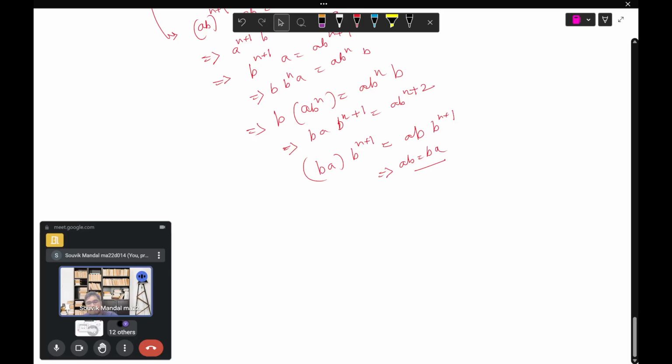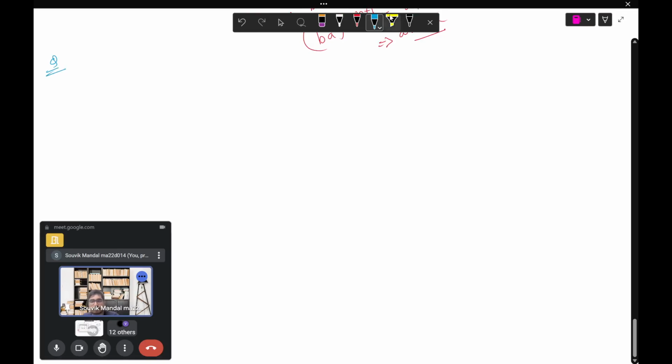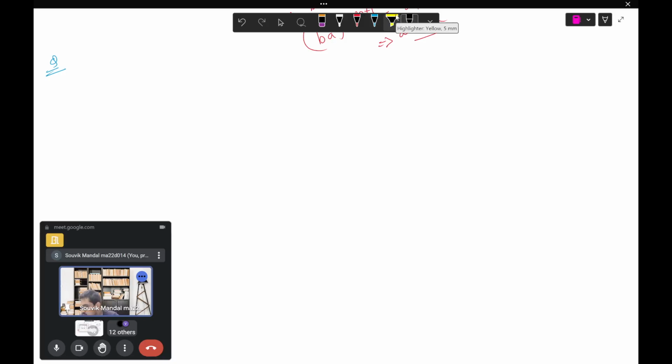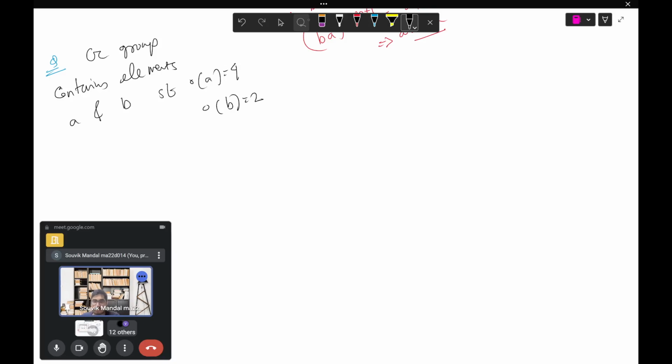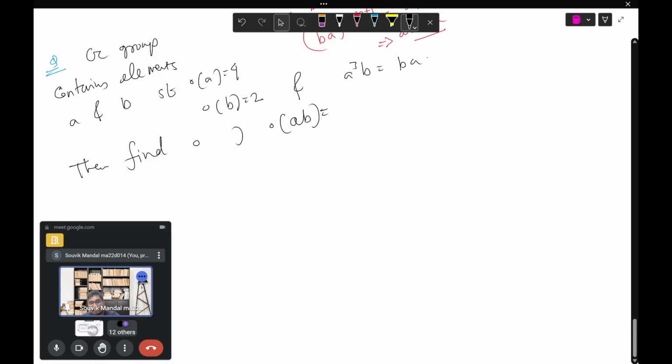Okay, so consider another problem. G is a group, and in the group there are two elements a and b with order of a equal to 4 and order of b equal to 2.